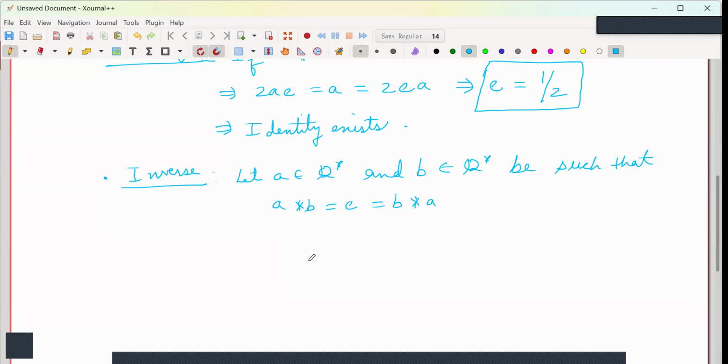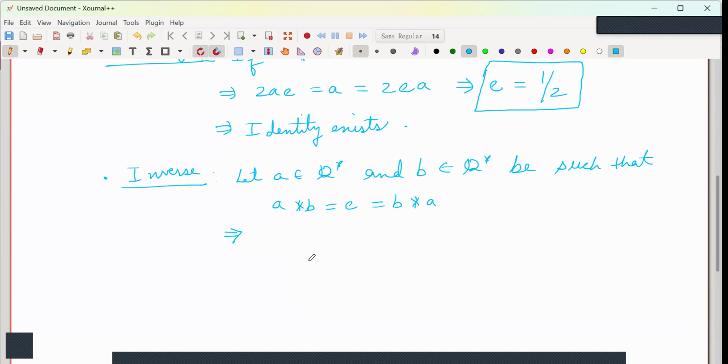Now from the definition, can you just tell me what should be the B? 1 by 2. Just 1 by 2?